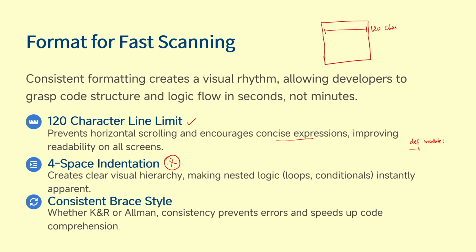You cannot start in line with the definition itself. You have to give a tab, and if you are using an IDE, which is an integrated development environment, it will go by itself. Otherwise, if you are using a very simple editor, you have to use a tab, otherwise it will throw an error.